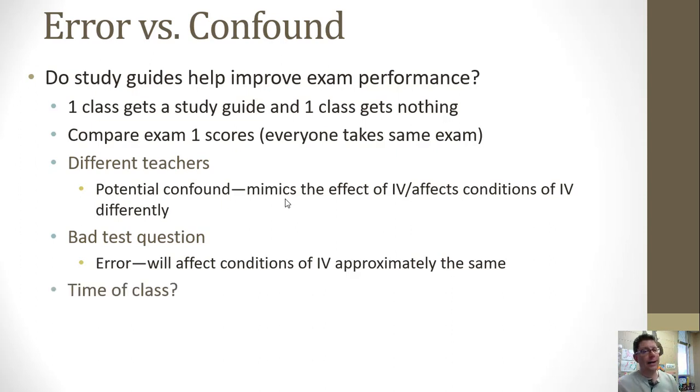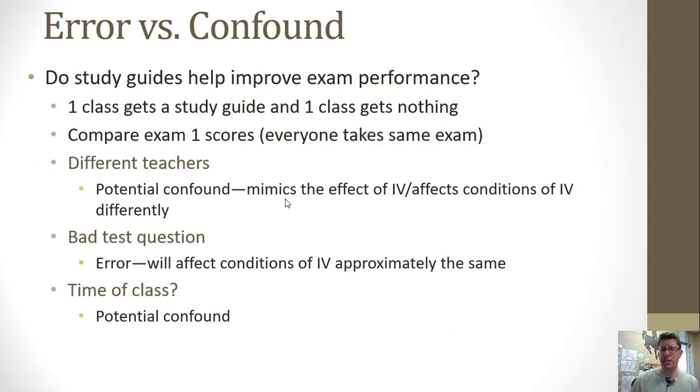What about time of class? Potential confound or error? If the study guide class is at a different time of day than the non-study guide class, that's a potential confound. And once again, in order to be an actual confound, the study guide group is going to have to be at a better time of day.